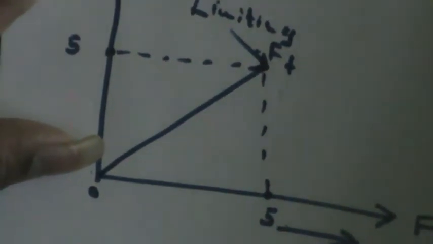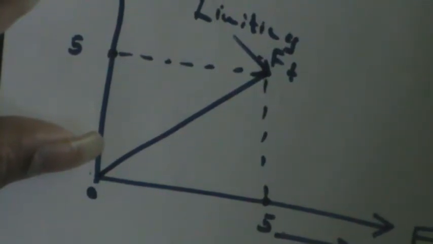Even if it is slightly less than or equal to the limiting frictional force, what actually happens is that even if you increase the applied force from here onwards, the frictional force will be the same.